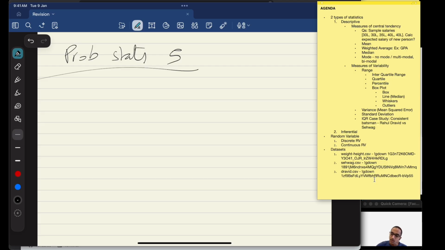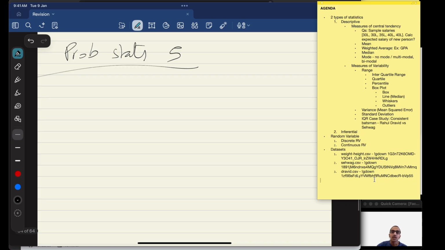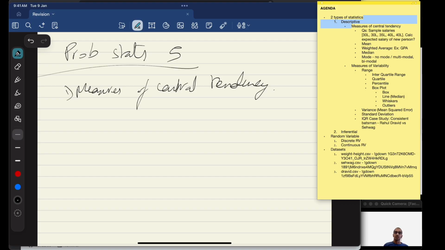So let's move to the first topic in descriptive, which is measures of central tendency. There are two things in descriptive stats: one is measures of central tendency, and the other is measures of variability.